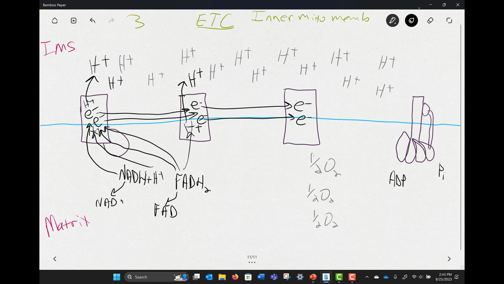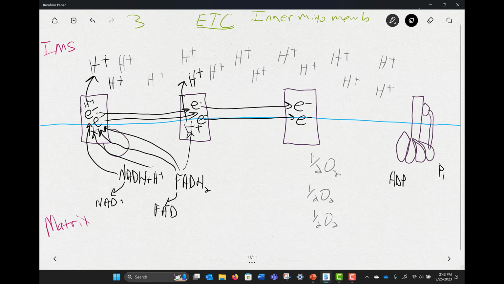Well, down at the bottom of that third protein, we see a lot of oxygen. This is what I keep alluding to. This is why we breathe oxygen. This one step right here. What do we know about the properties of oxygen? He really likes electrons. He is very electronegative.